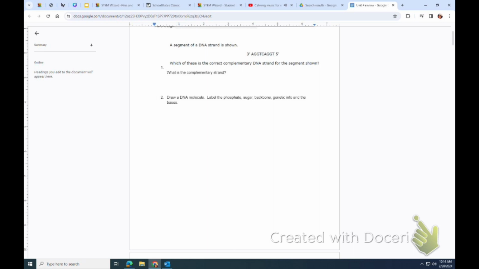So let's look at number 1. It says, basically, what is the complementary strand to that strand of DNA? So we know apples and trees and cars and garage. So what would the complementary strand be?